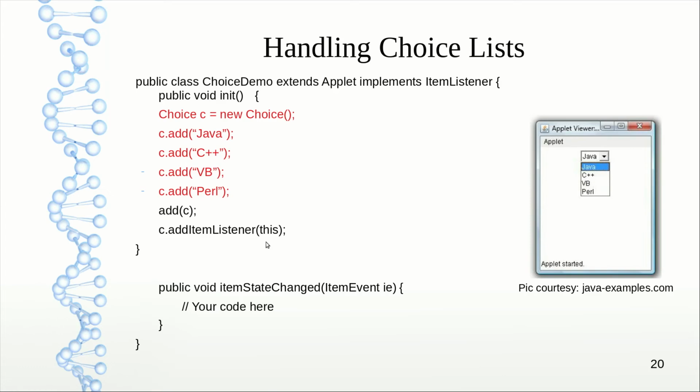Again, the item listener class is the present class itself, so the present class contains the itemStateChanged method. I have to override this itemStateChanged method to have my own handling of the choice list event.